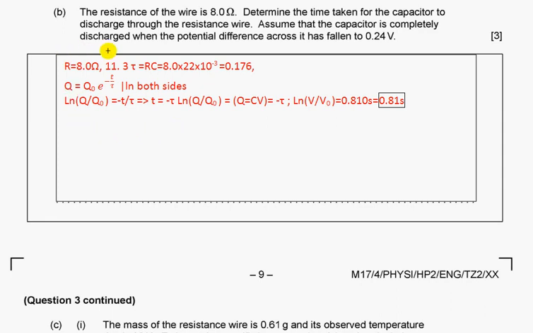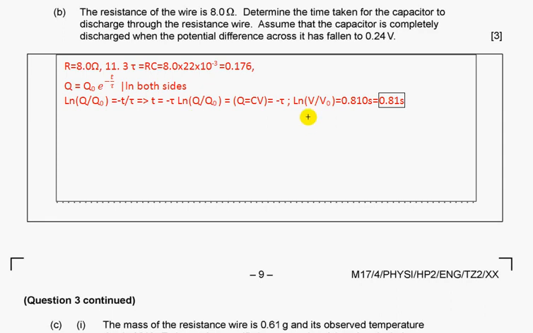From section 11.3 we have the formula for the time constant and the formula for how charge is changing. Having this time constant, to get rid of the exponent we take the logarithm of both sides, then we convert charge into CV, and instead of a ratio of charges we have a ratio of voltages.